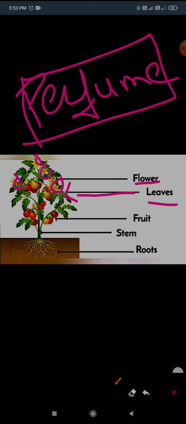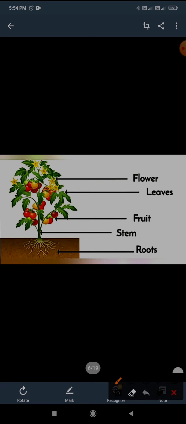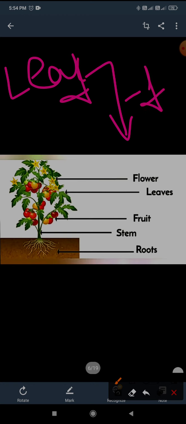Then the second part is leaves. What is the spelling of leaves? This is the plural form of leaf. Let me write it one more time. Leaf. How to make the plural form of leaf? First you have to remove the F from the spelling of leaf and then add VES.